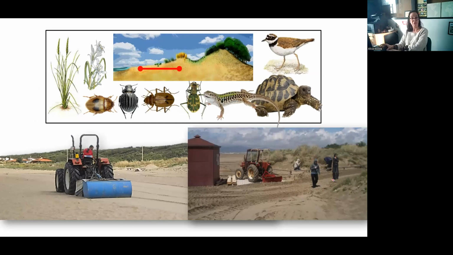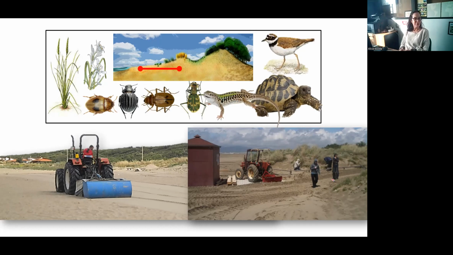Mechanical cleaning techniques, the most common ones, do not allow the distinction between litter and living plants or animals. Everything is removed, leaving just loose sand ready to be blown away by the wind. Therefore, beach litter constitutes an indirect threat to coastal vegetation through mechanical cleaning.